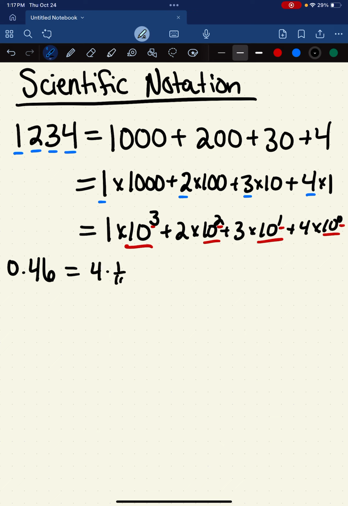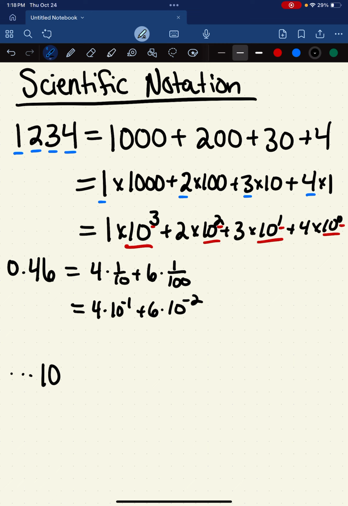Well, that is 4 times 1/10 plus 6 times 1 over 100, which is going to be 4 times 10 to the negative 1 plus 6 times 10 to the negative 2. So our whole idea of place value systems in what we call base 10 is that we write our numbers by exponents of 10.